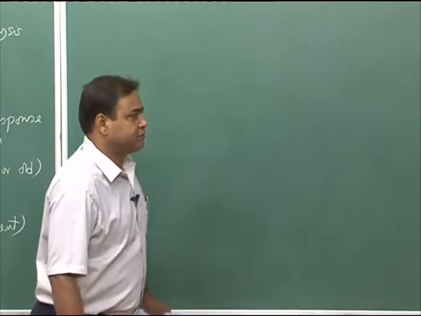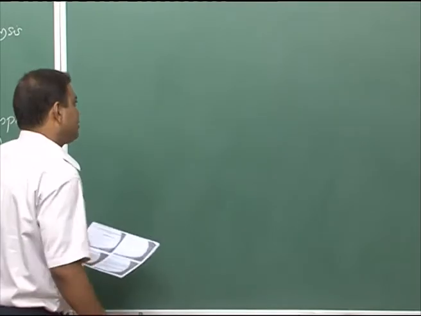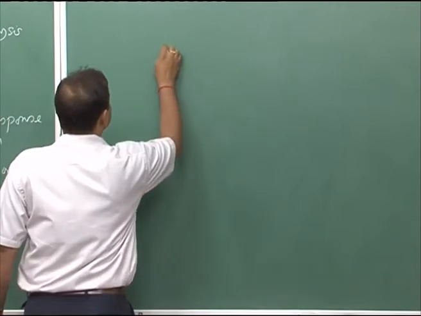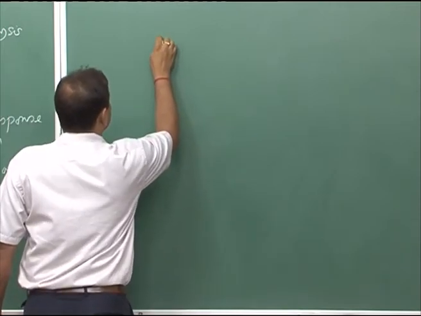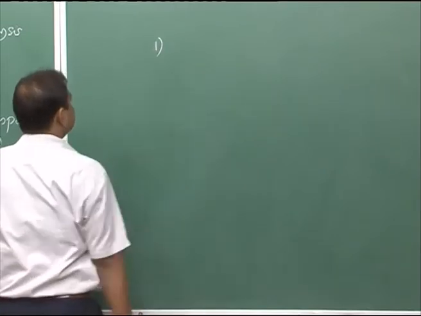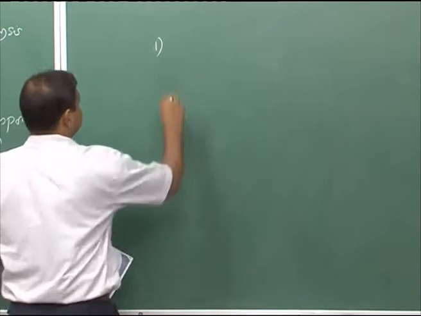So, in that case preliminary assessment will guide us as to which of 10 materials will be suitable for that particular application. So, corrosion testing can be divided into 4 types. One is laboratory test.